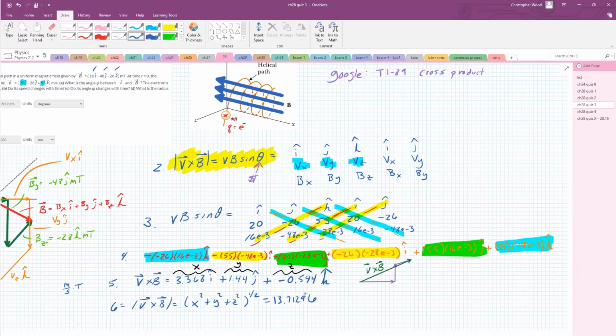Yeah, except I forgot to take the square root. Okay. I better put this in my calculator memory location. Store.